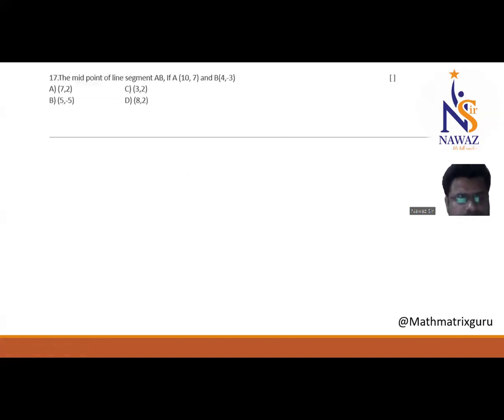Let's look for the next one. The midpoint of the line segment AB, if A is (10, 7) and B is (4, -3). For this, it's a midpoint formula, that is x1 plus x2 by 2, y1 plus y2 by 2. Or else what we can do, add these two digits, 10 plus 4, how much is it? 14. 14 by 2 is 7.